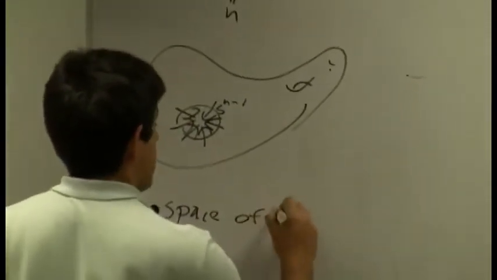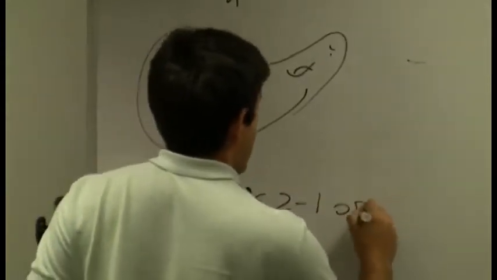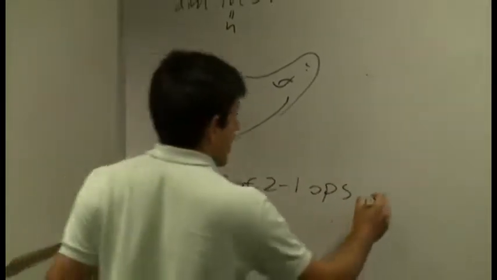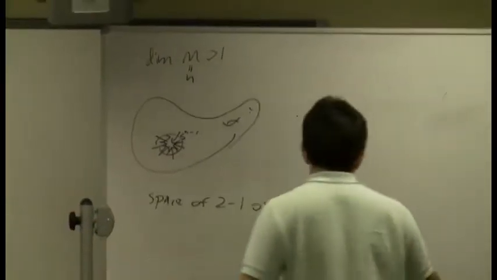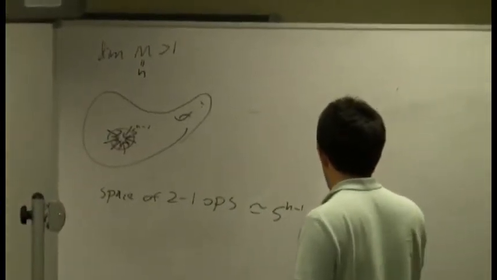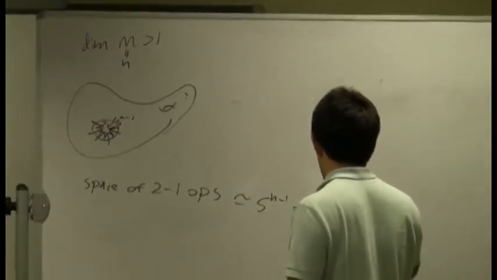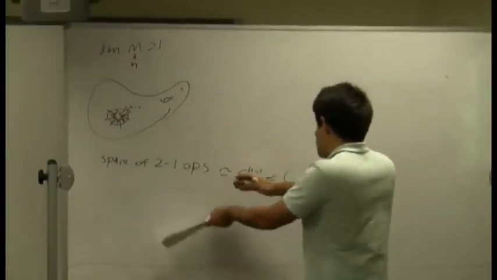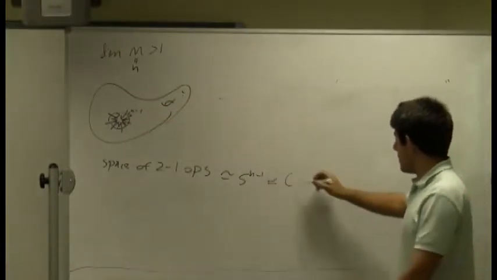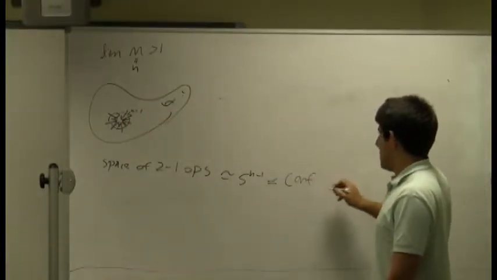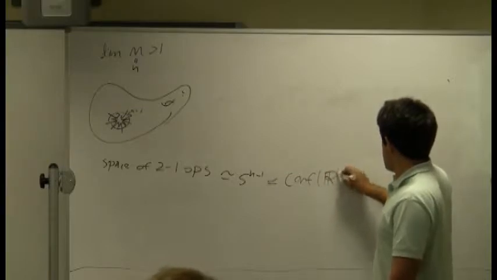So we want an algebraic structure where the space of 2-to-1 operations is homotopy equivalent to S^(n-1), or another way of thinking about it is the configuration space of 2 ordered points in R^n, which I guess we've been calling Conf, maybe.